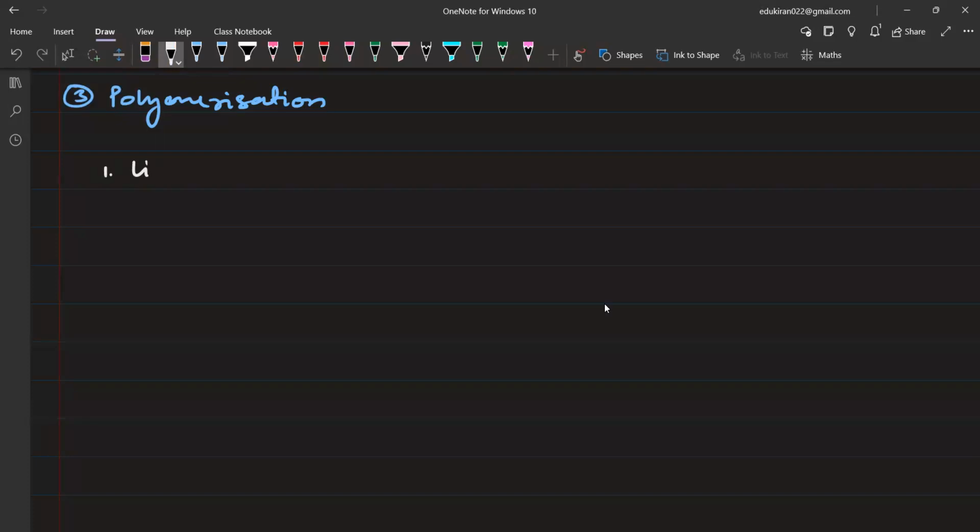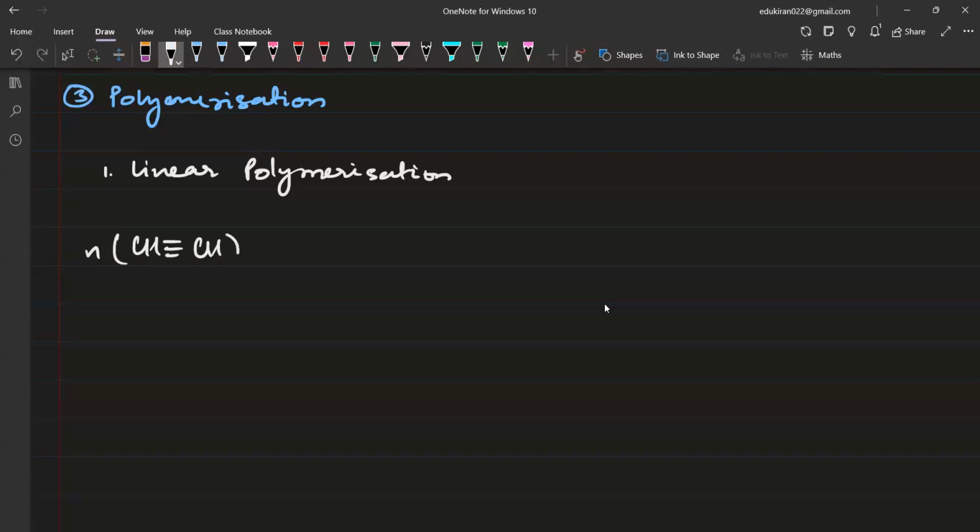First is linear polymerization. So in linear polymerization, आपको यहाँ पे कोई reagent नहीं दिया है. So आपको बोला है कि n number of ethyne, that is CH triple bond CH, it is going to get polymerized into CH double bond CH single bond CH.